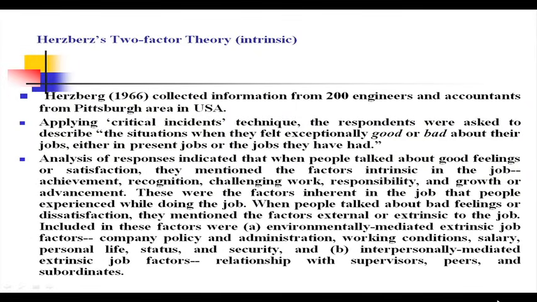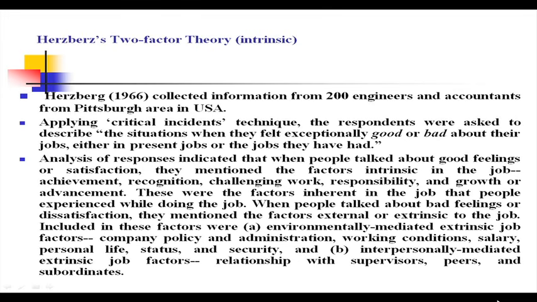Next is Herzberg's theory, which is a 2-factor theory. The factors are intrinsic and extrinsic. Extrinsic factors are external to the job, like working hours, fringe or extra benefits, salary, welfare facilities. Also, interpersonal factors related to the job are relationship with peers, with subordinates and with superiors.